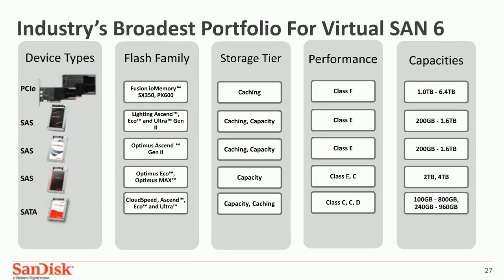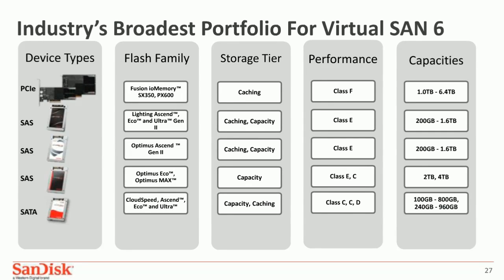If you look at the device types, we have the PCIe products, the Fusion-io memory, which are the high performance products in the market today. Those are certified to be at a Class F performance. That means that they're able to deliver over 100K IOPS. We have anything from 1 terabyte to 6.4 terabyte capacity for those particular devices.